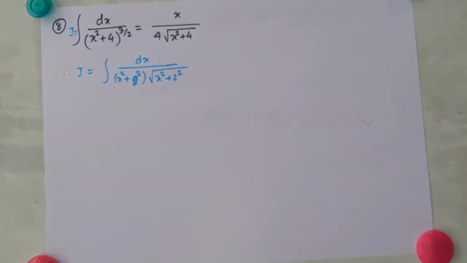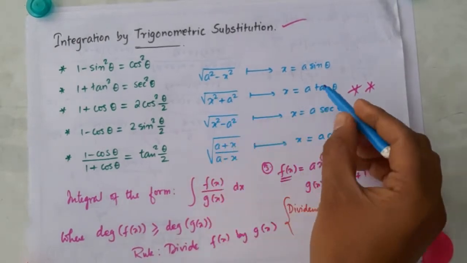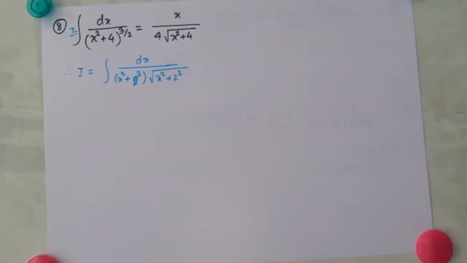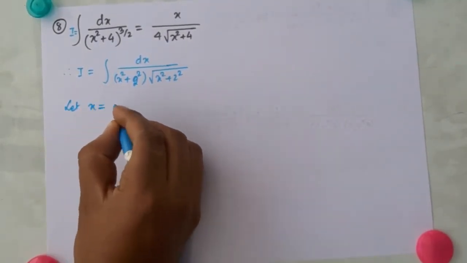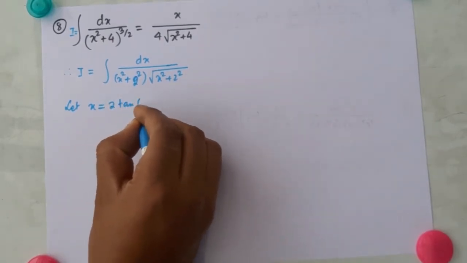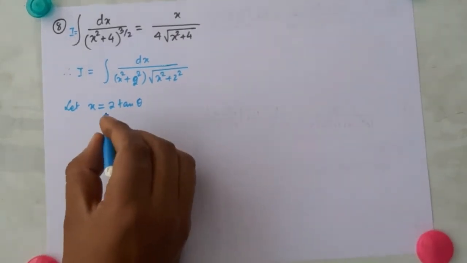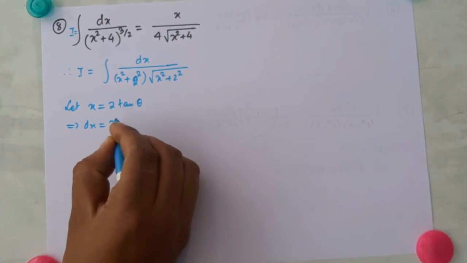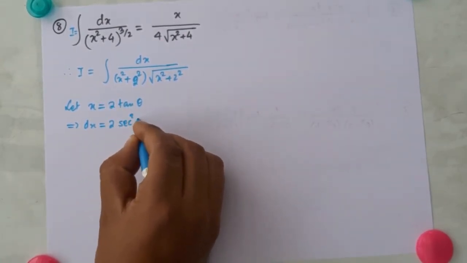Whenever you have this, as I said earlier, in such cases you have to take the substitution x equals a tan theta. So let x equal a tan theta, and what is a? A is 2. So we take 2 tan theta here. Let's see how much we get. Differentiating, you will get dx is equal to 2 sec square theta d theta, since the differentiation of tan theta is sec square theta.